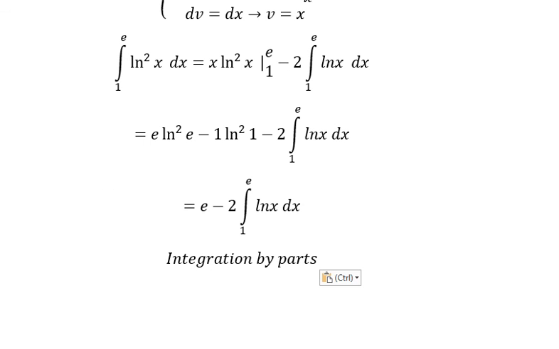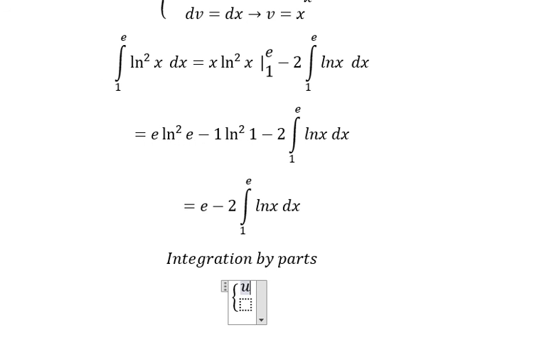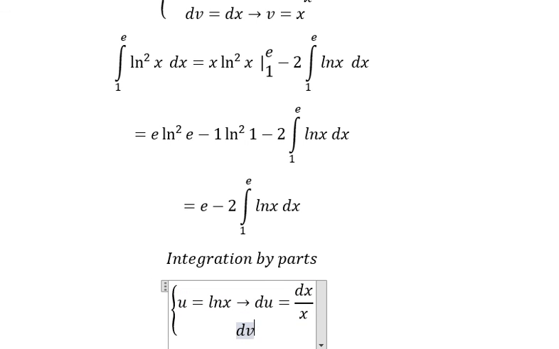So I will put u equals to ln s. Later we take the first derivative of both sides. dv, we have ds, the integration of this one, we have v equals to s.